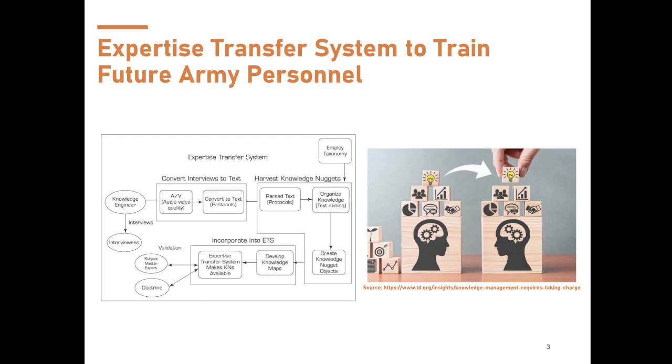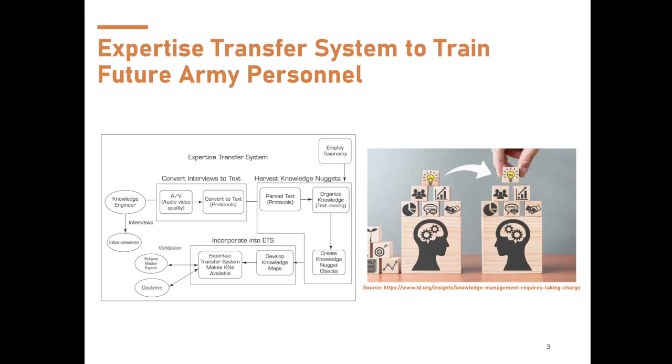And knowledge engineers, those trained by the Oklahoma State University College of Education, use effective techniques to extract valuable information from interviewees and ensure the audio or video quality is good. Because remember, garbage in, garbage out. So this information needs to be of quality.